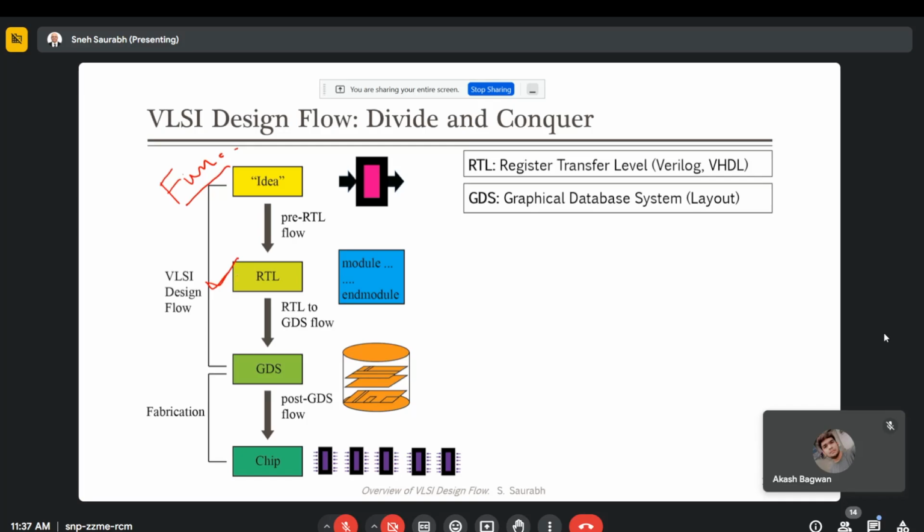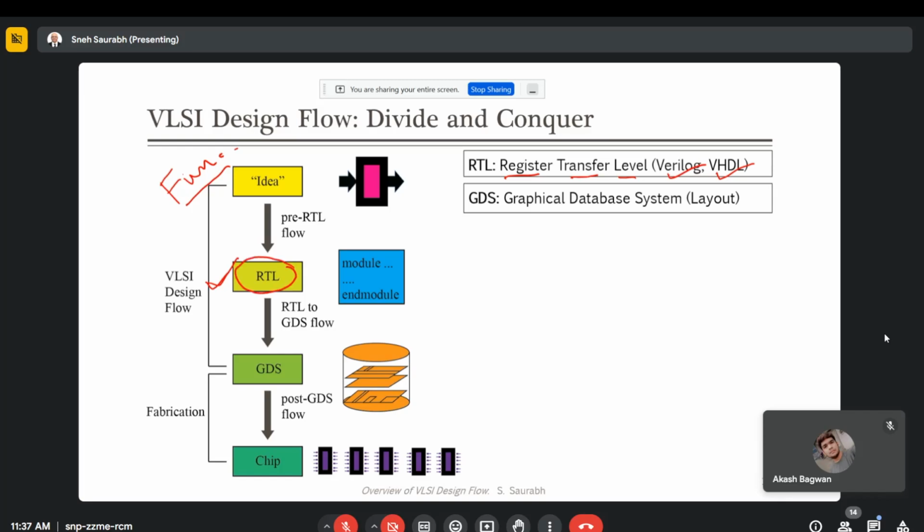So what is an RTL? RTL is the description of the functionality in hardware description languages such as Verilog or VHDL. RTL stands for register transfer level, right? So given a functionality, we obtain an RTL.